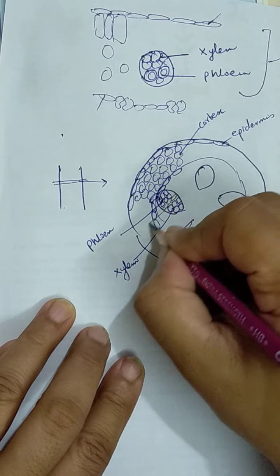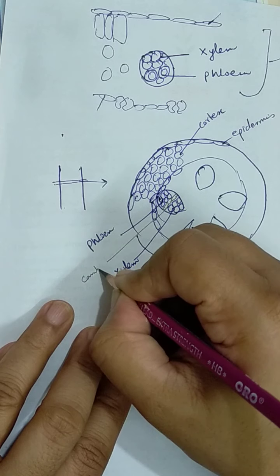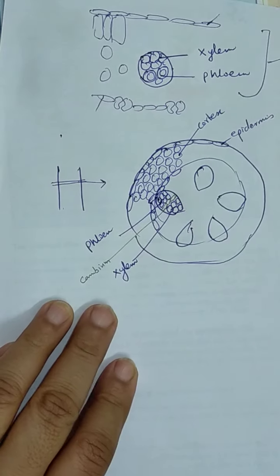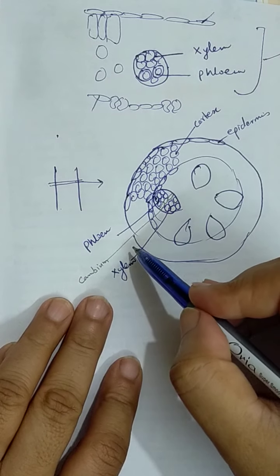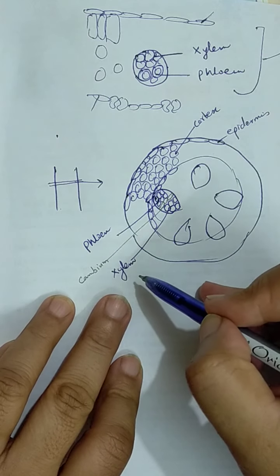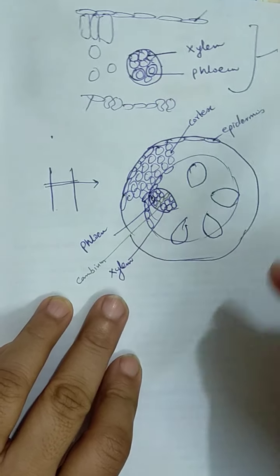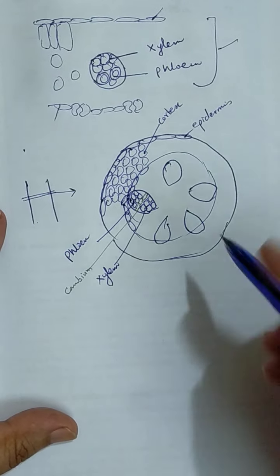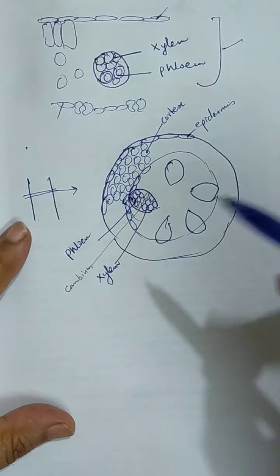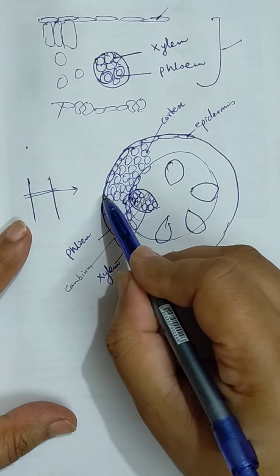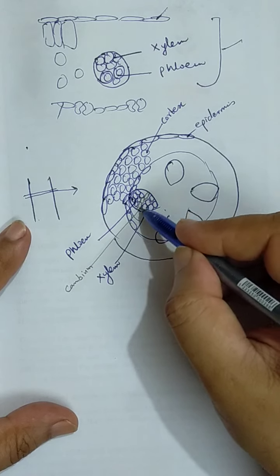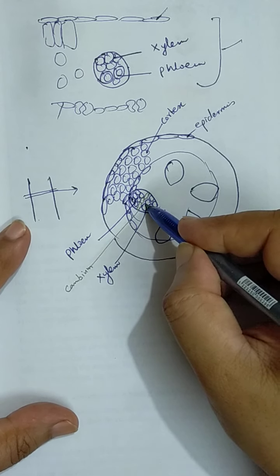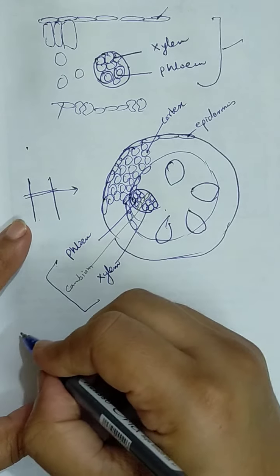Cambium consists of actively dividing cells which make new phloem and xylem every year. So at present just remember, phloem is present on the outer side, xylem on the inner side, and between these two cambium is present. This one is the vascular bundle.